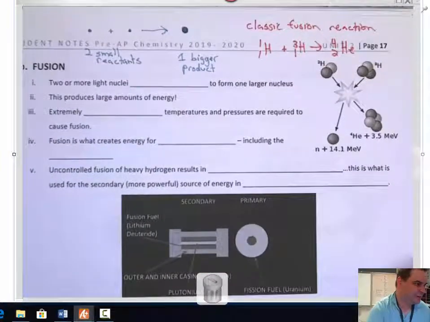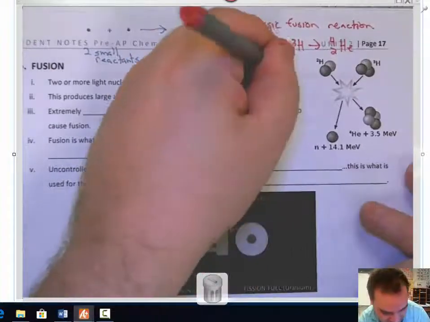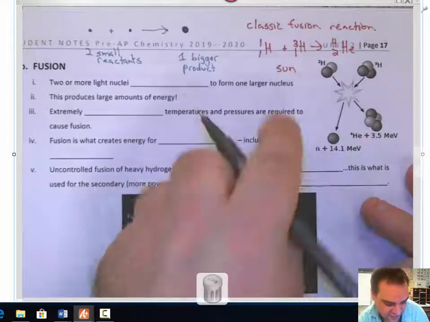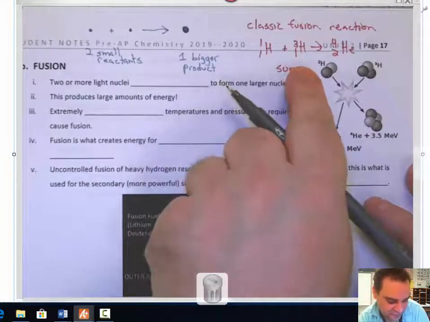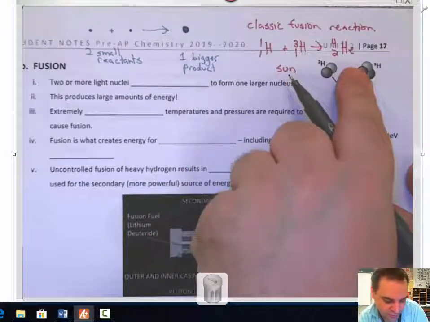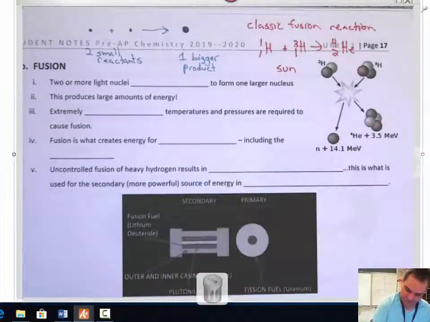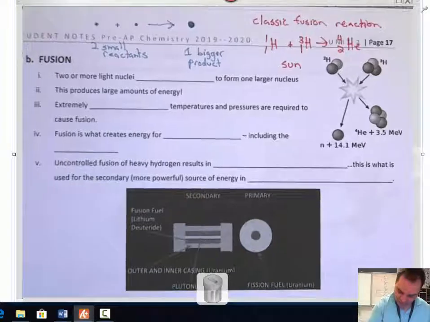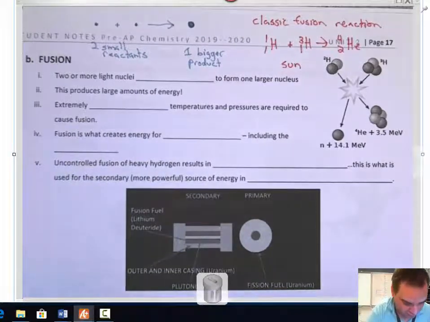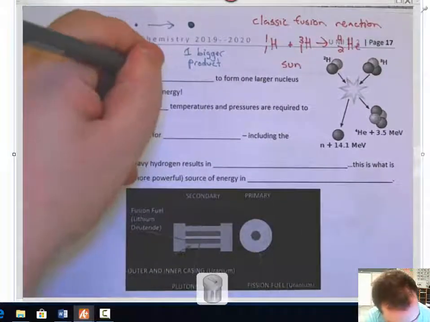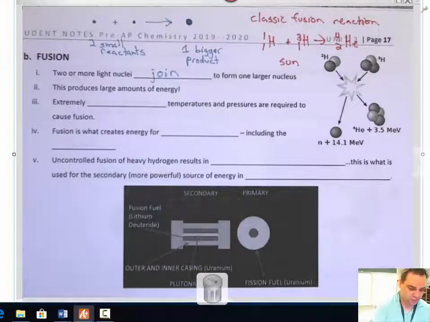That occurs on the sun. Notice I took two smaller elements and combined them to make one bigger element. So in fusion, you take two or more lighter nuclei and join them to form one large nucleus.